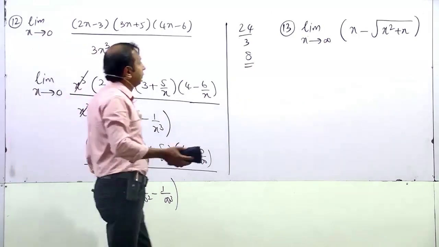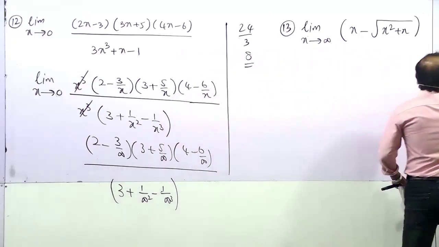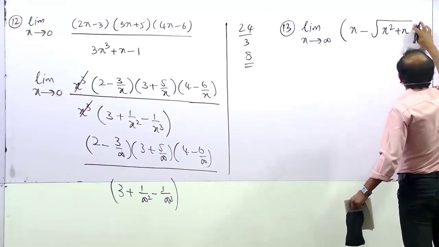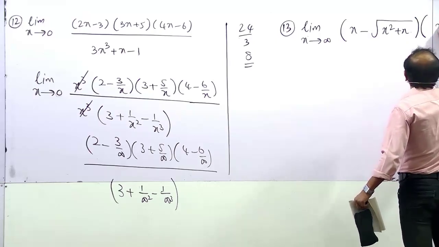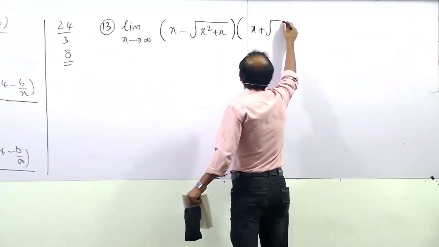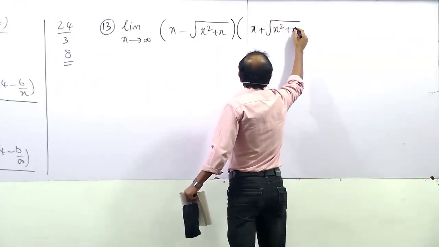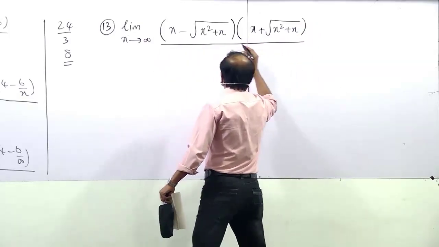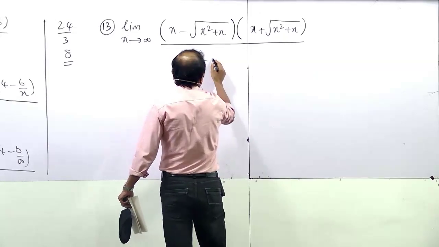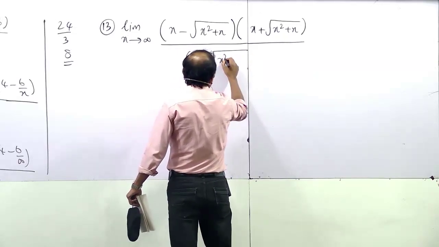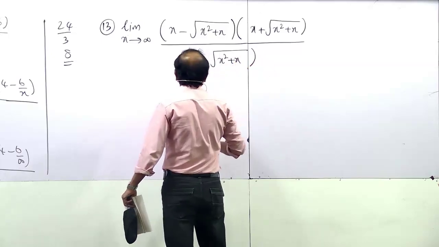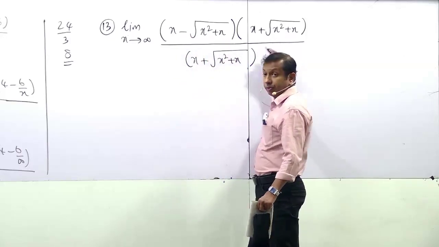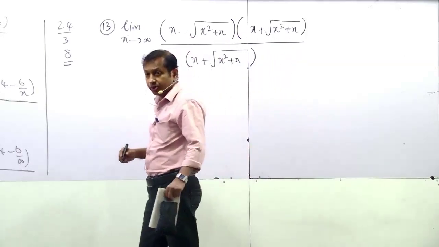Multiply this by its conjugate and divide by conjugate. Right, now here, what do you have? A minus B into A plus B. What is that? A squared minus B squared, no?